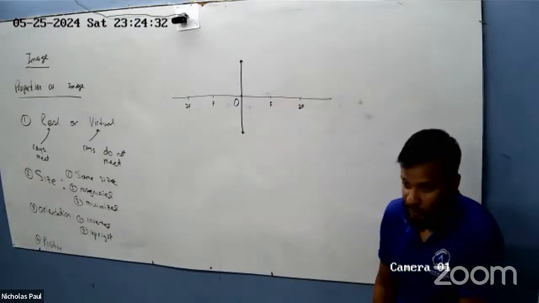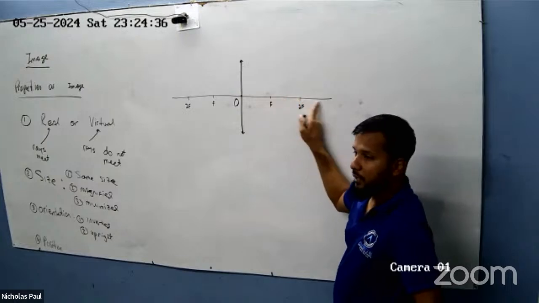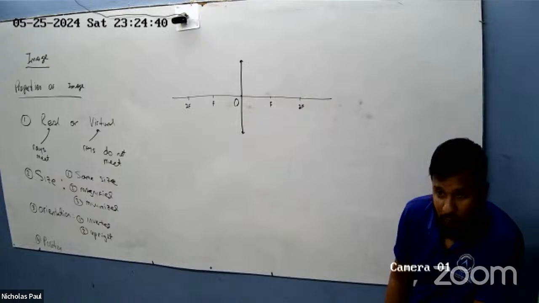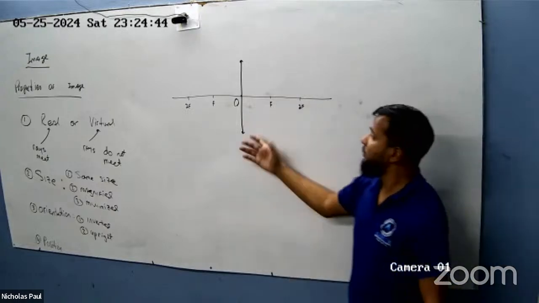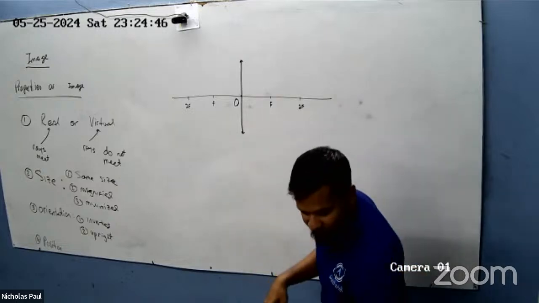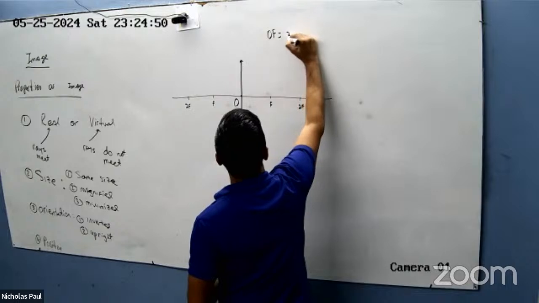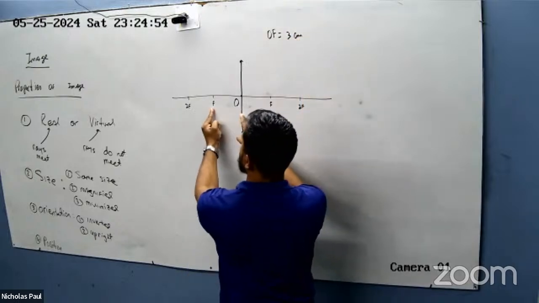Actually, draw it more than 12, but here to here is 3, here to here is 3, and you can add an extra bit. O to F is 3 centimeters. Here's 3, here's 6, here's 3, here's 6.